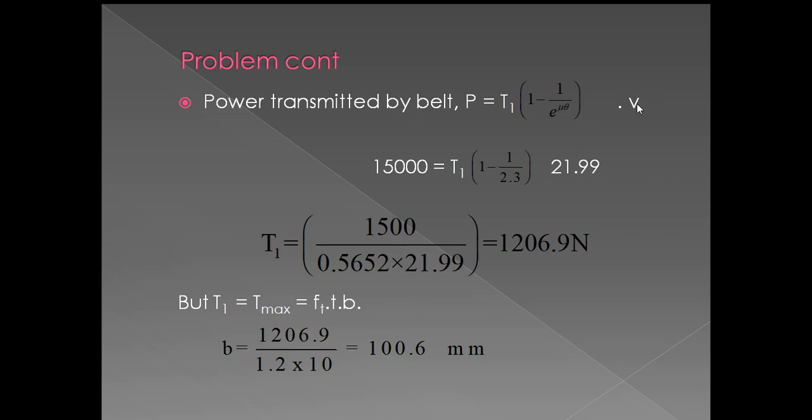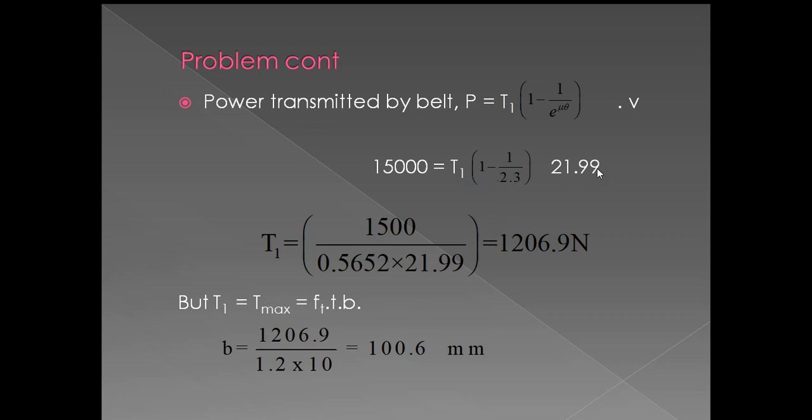By substituting the values in the power equation P equal to T1 into 1 minus 1 by e power mu theta into V, that is, 15,000 equal to T1 into 1 minus 1 by 2.3 into 21.99.